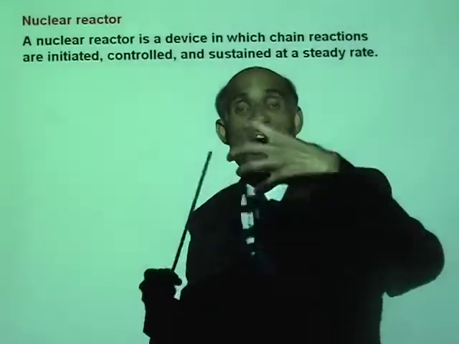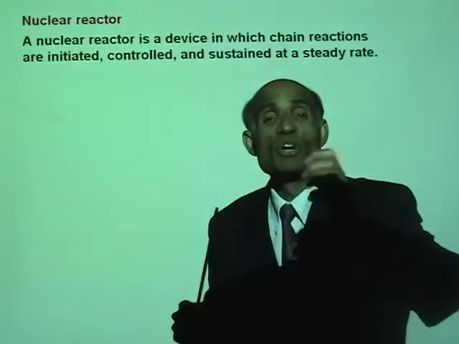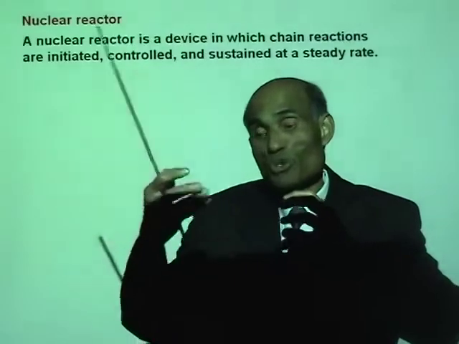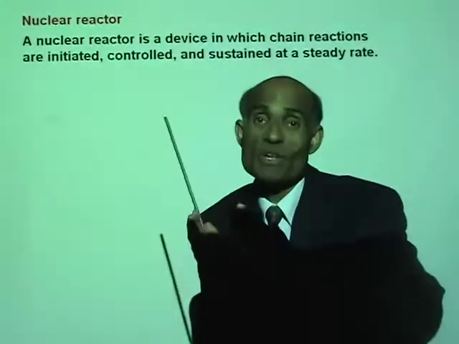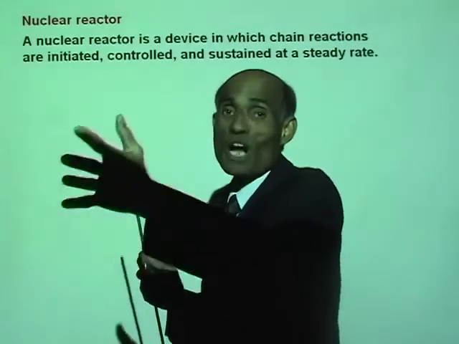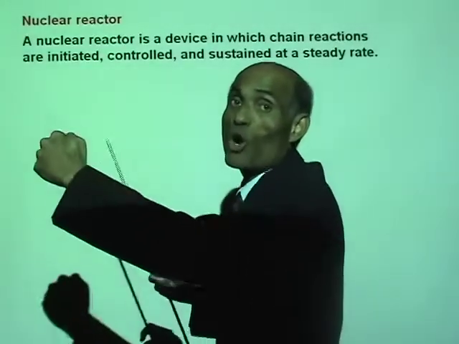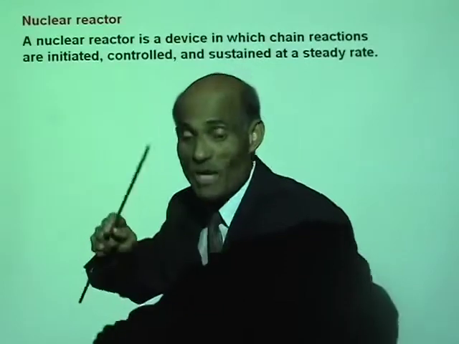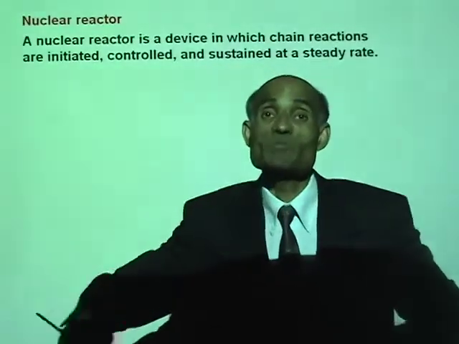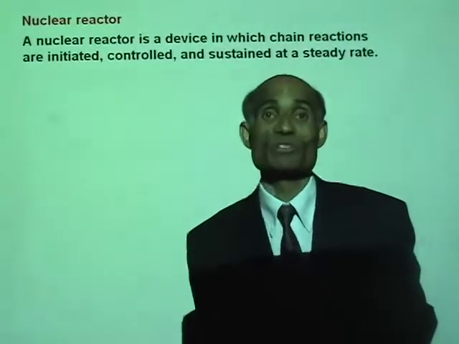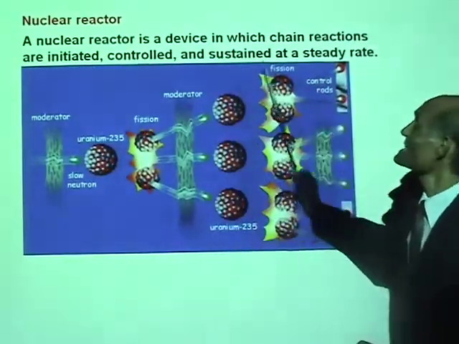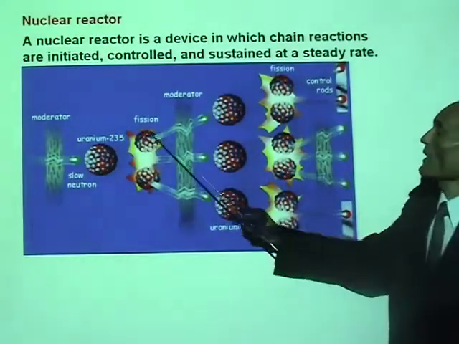You got to start a nuclear reaction, you need to control it, and you need to control that ratio so that it proceeds in a sustained manner. Do not die down, do not go uncontrolled, so that the reaction takes place at a steady rate. So there must be a lot of controls used in a nuclear reactor. So this is the schematic diagram for that.